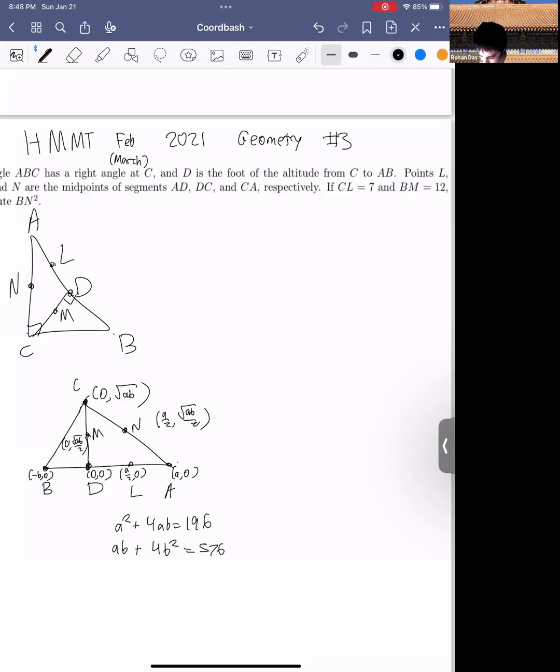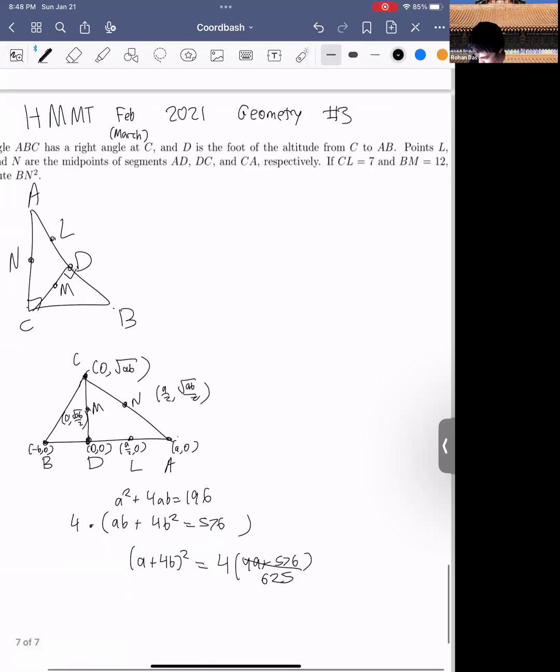Indeed, here, if we multiply the second equation by 4 and add these, it just becomes that a plus 4b squared equals, I forget the calculations, but it should be 4 times 49 plus 576. And 49 plus 576 is 625, which is 25 squared. So a plus 4b equals 50.